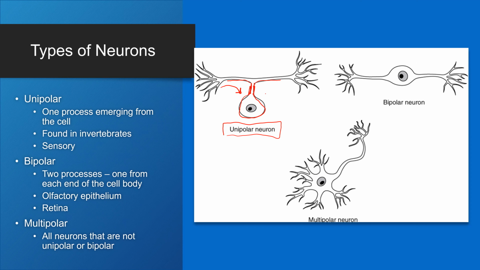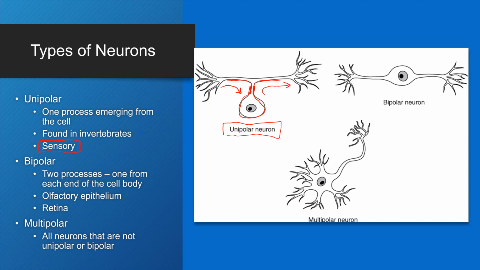And the central process is going to send information towards your central nervous system, like an axon, right? But the point is, only one process emerges from the cell body. And in humans, sensory neurons are unipolar.